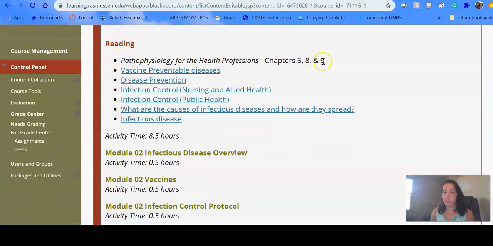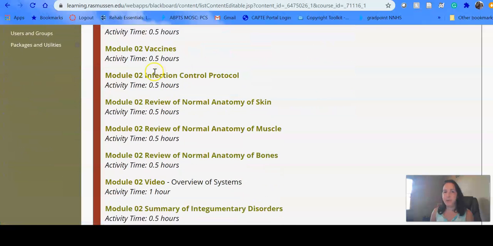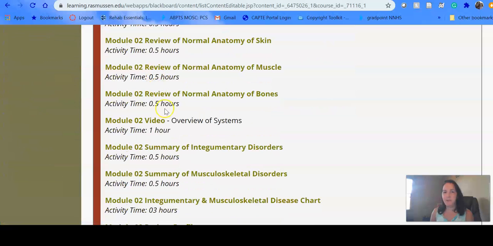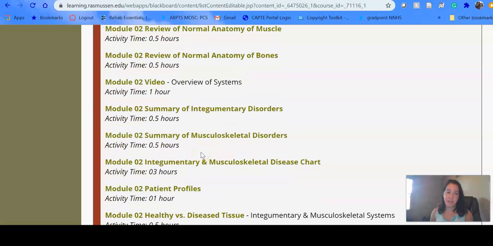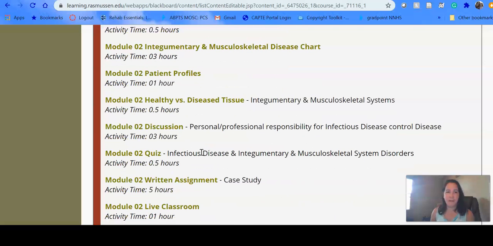So you have your 3 chapters within the textbook, plus some additional websites for reading. And then it breaks down all the different activity times. If you feel like you're spending an excessive amount of time in any one of these areas beyond the allocated activity time, please let me know, and I'm happy to help you through that content.